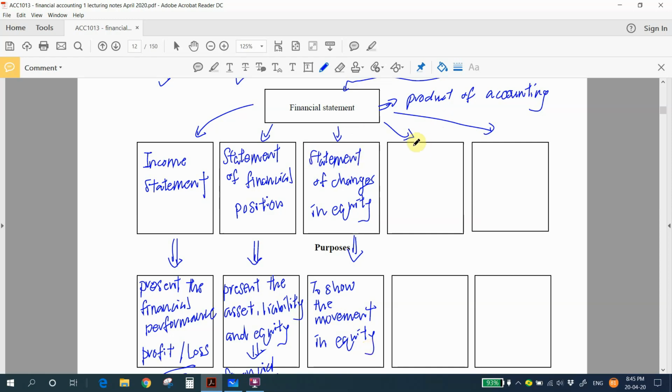Next, the next statement we have is the cash flow statement. From the cash flow statement, we can also understand the cash flow movement.